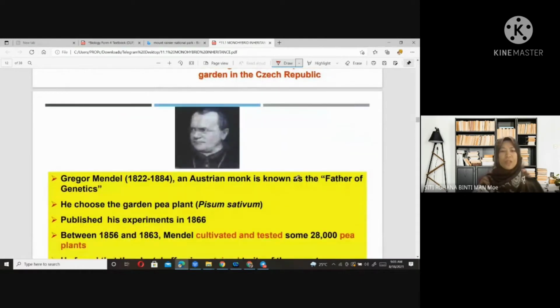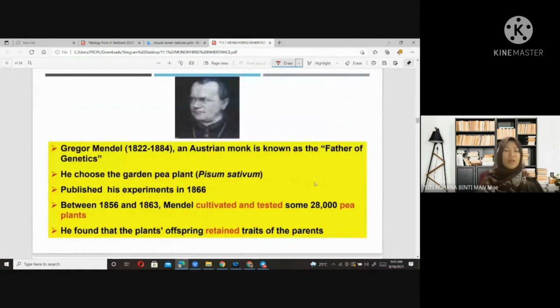Okay. So tengok saya dah sebut tadi Gregor Mendel, 1822 until 1884. Ini jangka hayat dia lah. Dia dilahirkan 1822 dan meninggal pada 1884. Seorang paderi Austria lah, and also known as father of genetics.